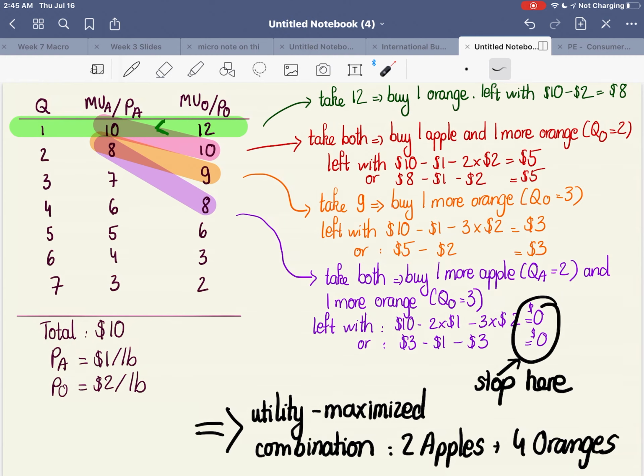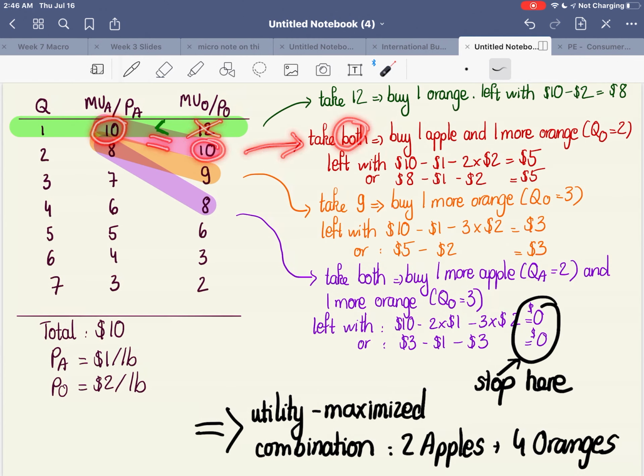For the first unit, we can see that the MU over P of oranges, which is 12, is higher than that of apples, which is 10. That is why we will buy the first unit of oranges. As oranges cost $2 per unit, you are now left with 10 minus 2 equals $8. Now, you are comparing the first unit of apples to the second unit of oranges. You can see that they are equal, which means you would buy both of them.